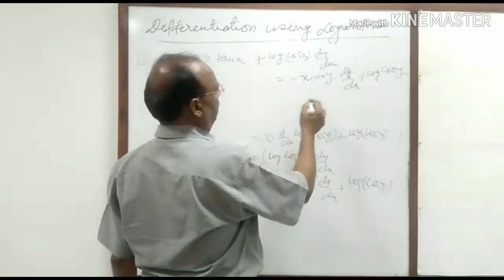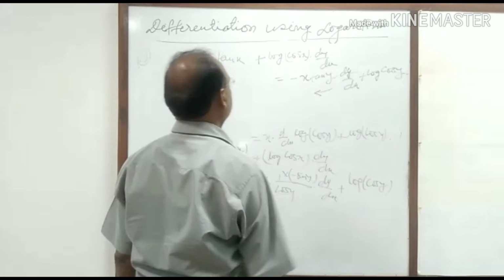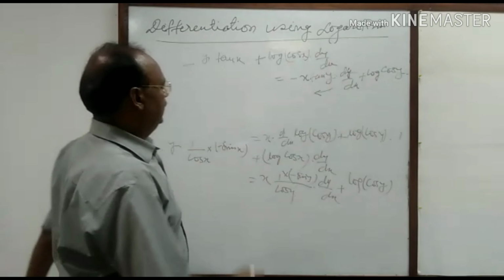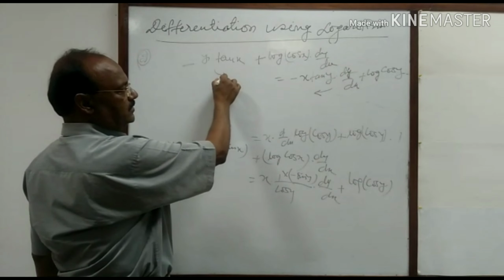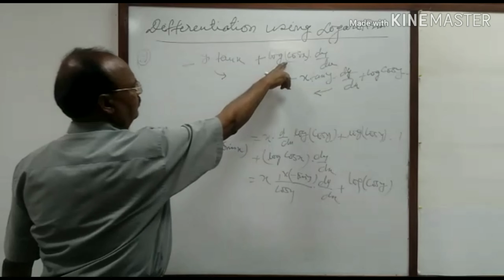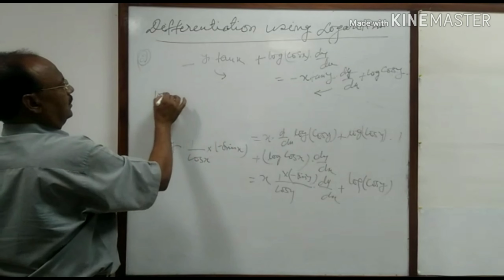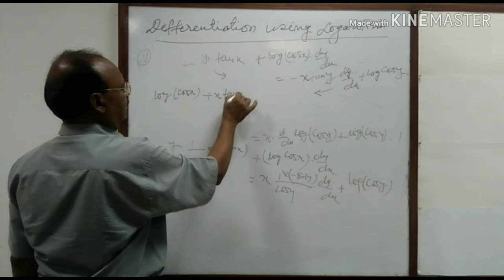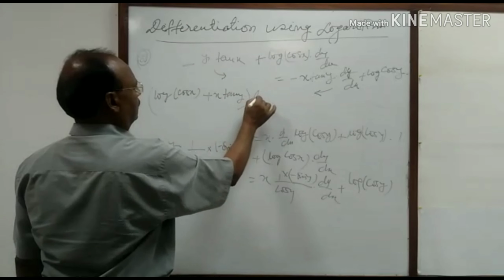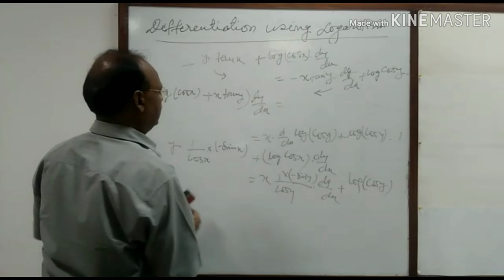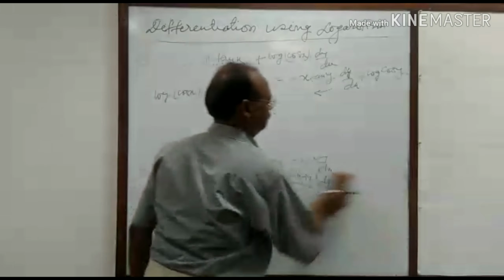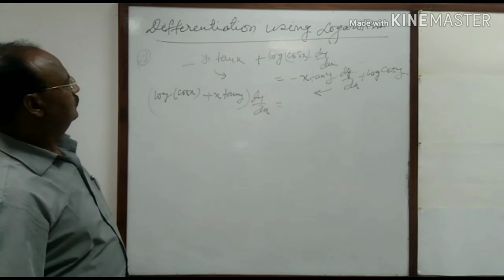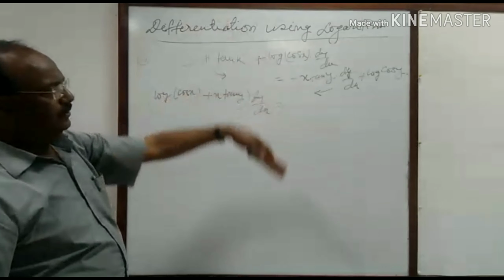Now let us transpose this term to the left hand side so that we could take dy by dx common from both the terms, and we will transpose this term to the right hand side. So taking dy by dx common from these two terms, we can write log of cos x plus x tan y into dy by dx is equal to, this y tan x has been transferred to the right hand side.